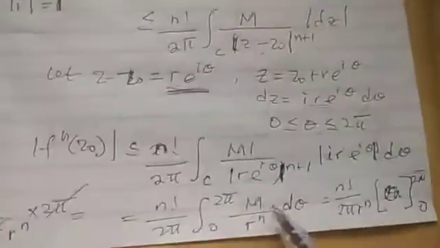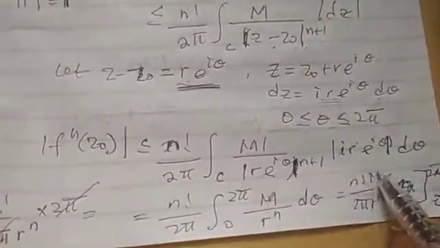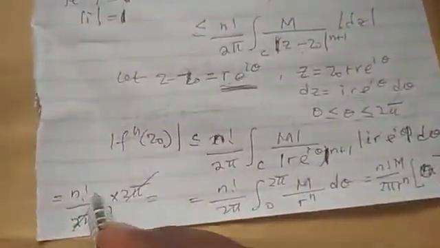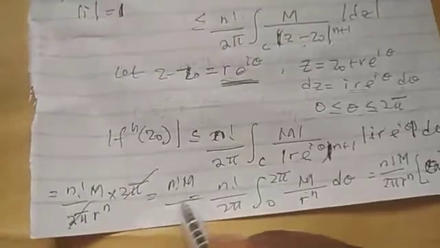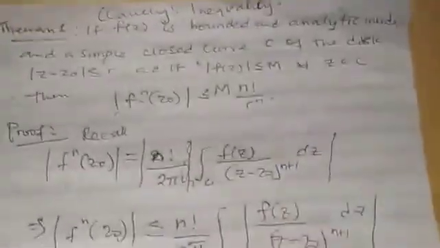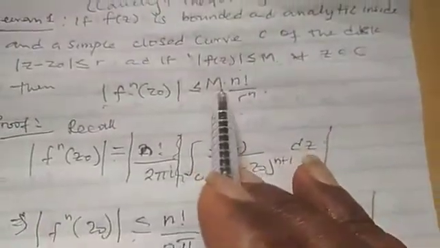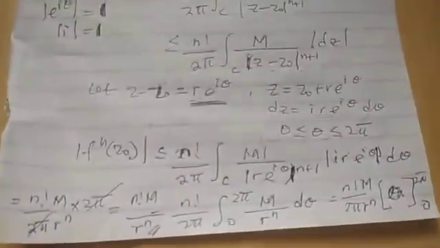Sorry, there is an M there, I forgot to put the M. So what we are going to have left is M n! over r^n. That is what we had to prove, and we have proved it. So this is the proof of Cauchy's inequality.